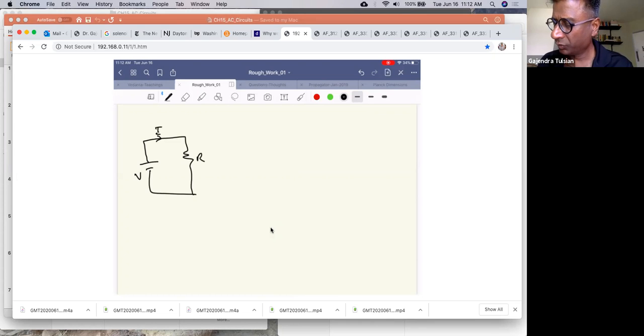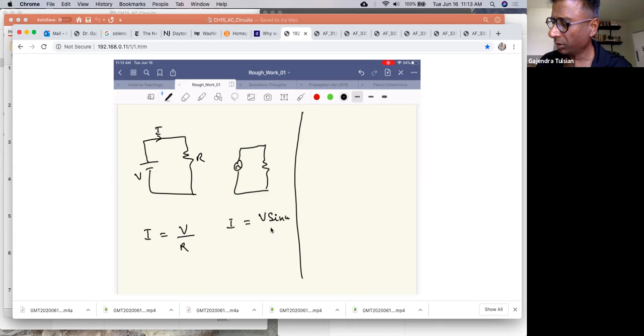So in this circuit, I is equal to the voltage divided by R. And if you connect an AC source to this circuit, the voltage is sinusoidal now, so the current is V sine omega t divided by R. Okay, so the current is also sinusoidal, I naught sine omega t, where I naught is V over R. So the amplitude of the current is that.